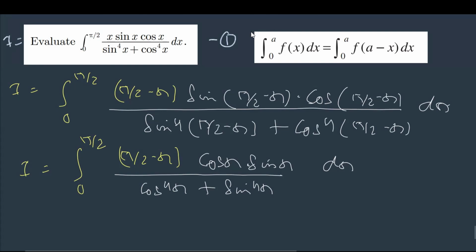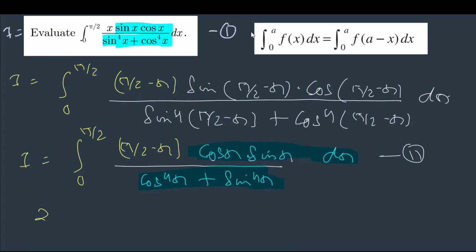So now what you can observe is that if I add these two equations, let's say I mark this as equation 2, on adding 1 and 2, there is something coming common. This part is common. Taking this as common, if I add these two equations, this is 2I. Let me write down the common part first, which is sine x dot cos x in the numerator, dx.